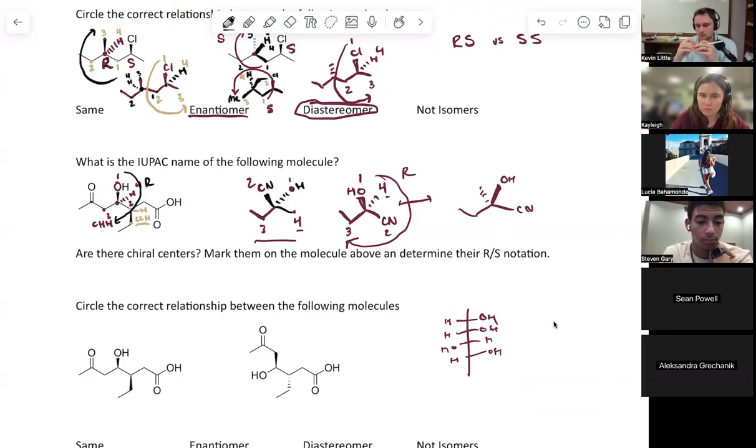Is there a way to make sure you're drawing it right? If the lowest priority group is always a dash. Right, but I mean direction wise. What if I draw the dash on top and it's supposed to be on bottom? Then that determines the way the arrow goes.